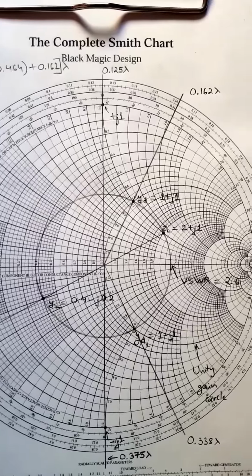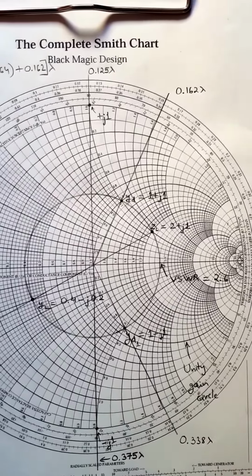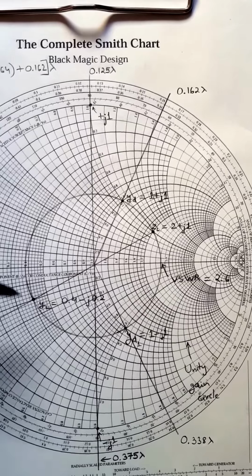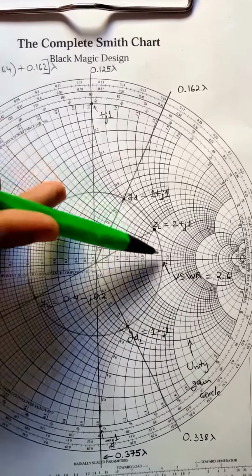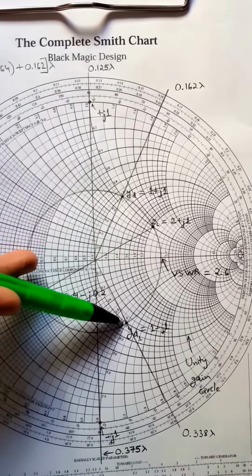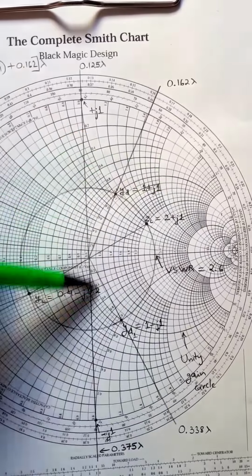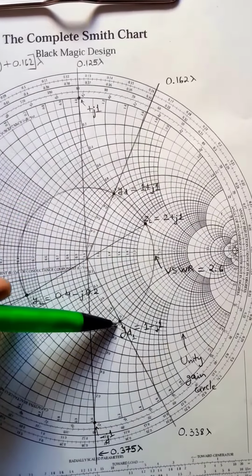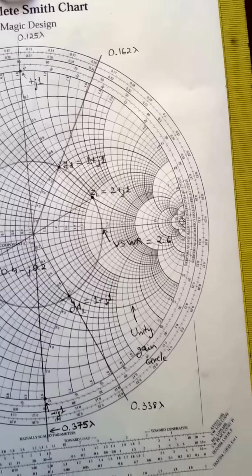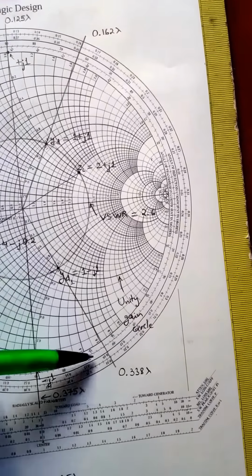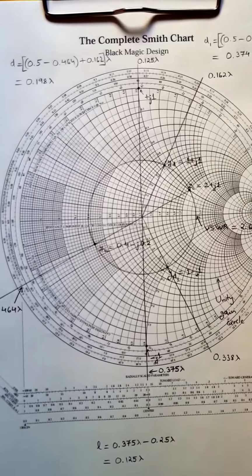If we are asked to find two possible solutions, then we move from YL in the clockwise direction and obtain the second intersection point of the VSWR circle and the unity conductance circle as YD1, which is equal to 1 minus j1, and its value in terms of lambda is 0.338 lambda.